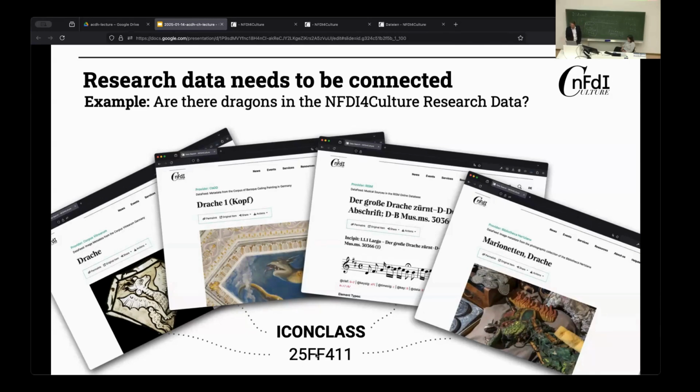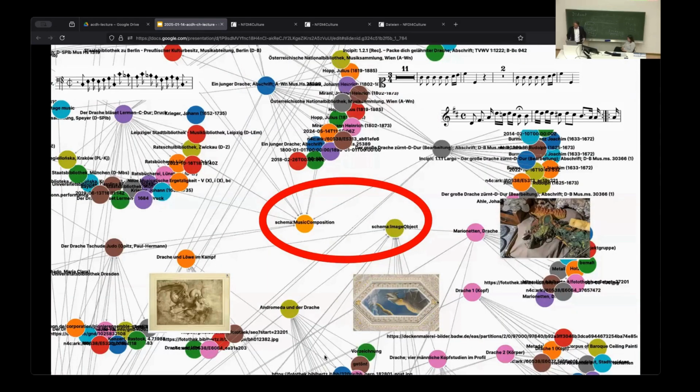It comes together by this code here, 25FF411, that's a dragon in the Iconclass system. And maybe you've heard of the Iconclass system, that's a very, very important taxonomy for iconographic motifs. And so this brings together the data in the cultural knowledge graph.